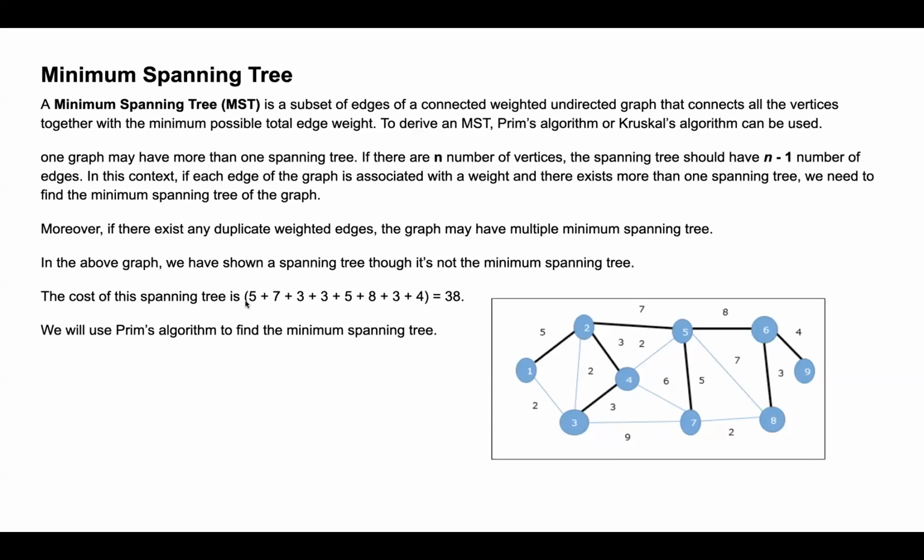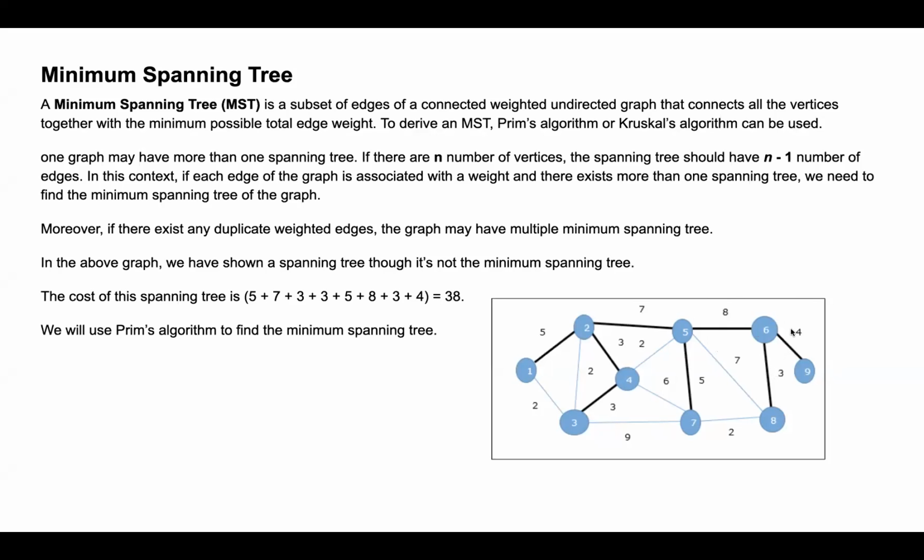Then what is the cost of this spanning tree? 1 to 2, 5, then 2 to 5, 7, then 2 to 4, it is 3, then 4 to 3, again it is 3, then this 5 to 7, again it is 5, then 5 to 6, it is 8, then 6 to 8 is 3, and 6 to 9 is 4.